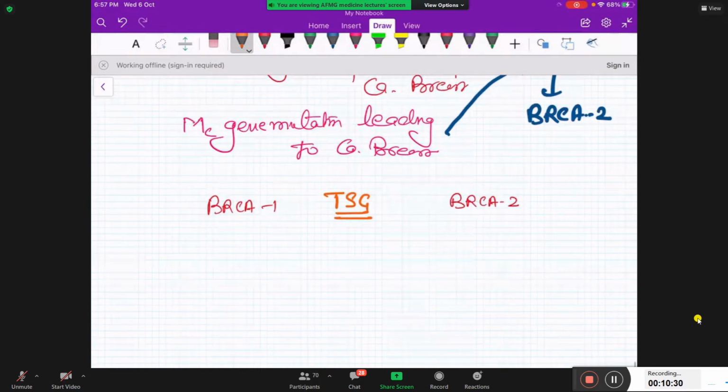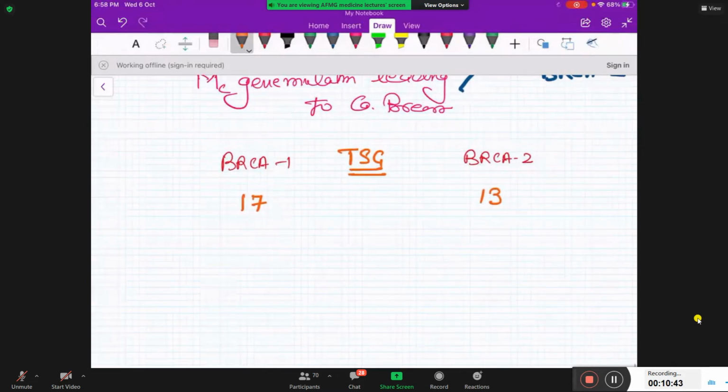Okay, now BRCA1 and BRCA2, very commonly asked, are located on chromosome number 17 and 13.